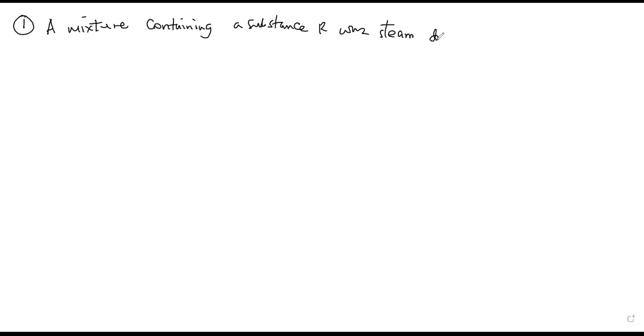So, mixture example number one. A mixture containing a substance R was steam distilled at 760 millimeters of mercury and 98 degrees Celsius.